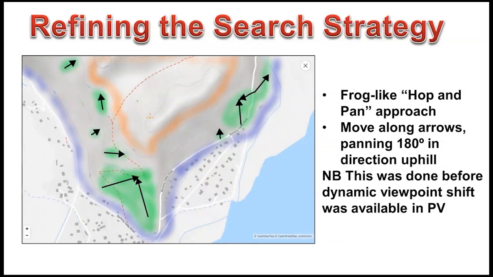Now, when I actually did this work, PeakVisor didn't move dynamically very easily. So I was literally choosing points up here and ticking them off. I was not able to move smoothly. You only really need that very delicate change of latitude and longitude when you're homing in on something.